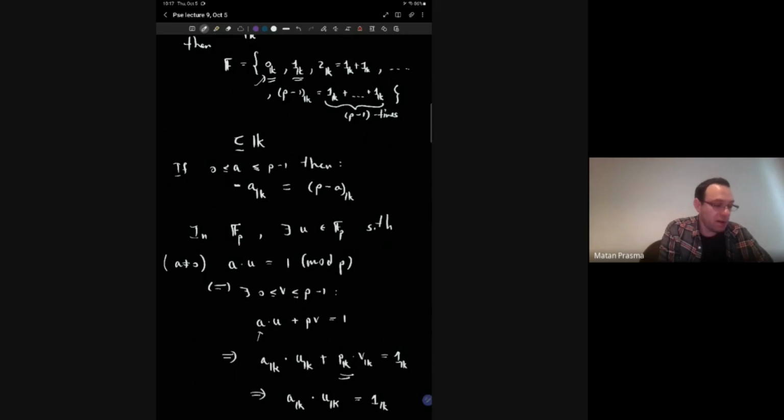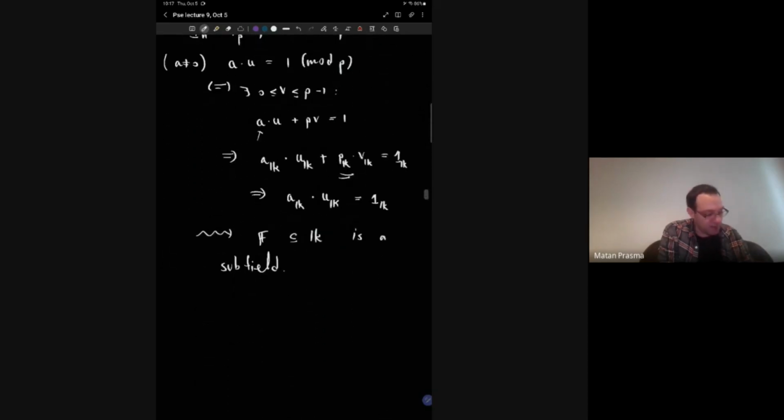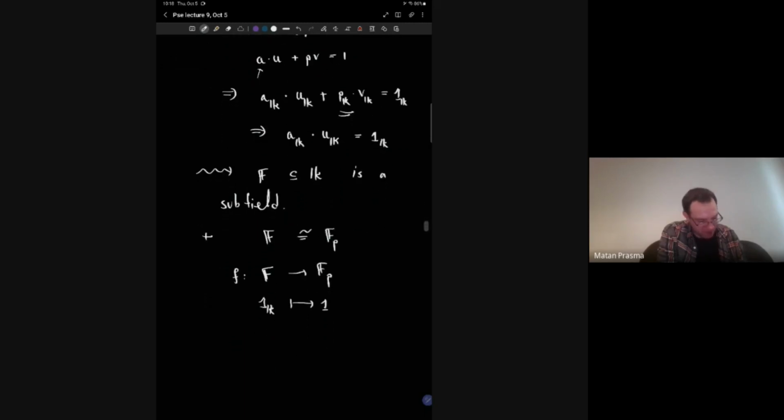So of course I can construct an isomorphism from F to Fp. If you wish, you can construct it in this direction. You send 1k to 1, and ak again you send to a.